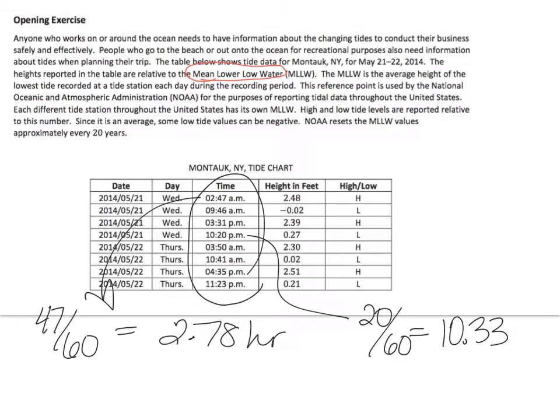It's the 24-hour time, so we don't add anything because we're still on Wednesday. So our actual time would be 22.33 because we're after noon. Remember, the 24-hour time goes 0 to 12, then keeps going to 24. It doesn't start over with AM, PM.